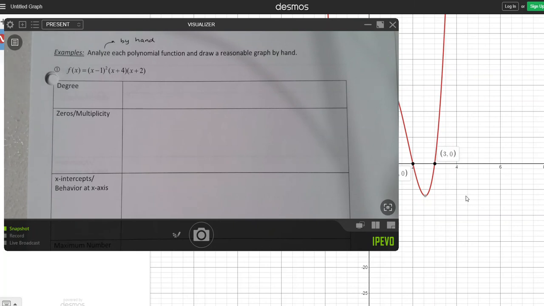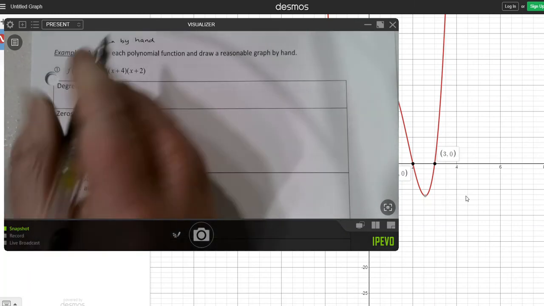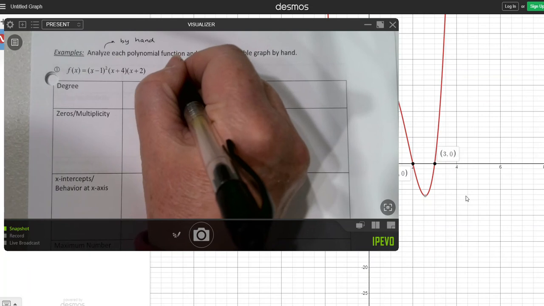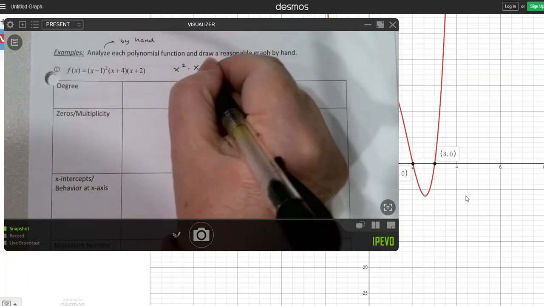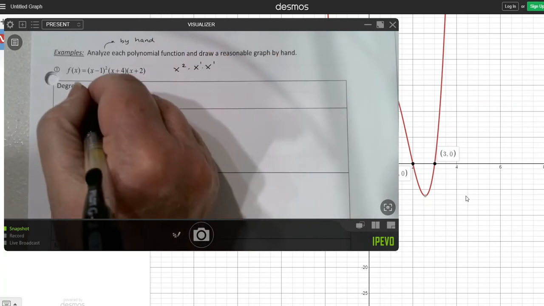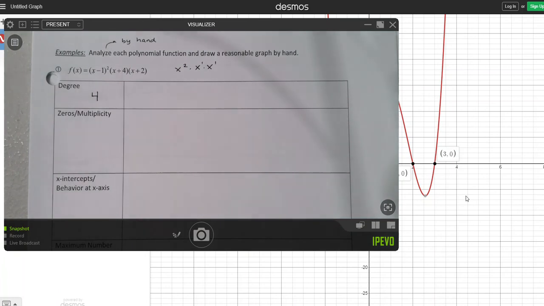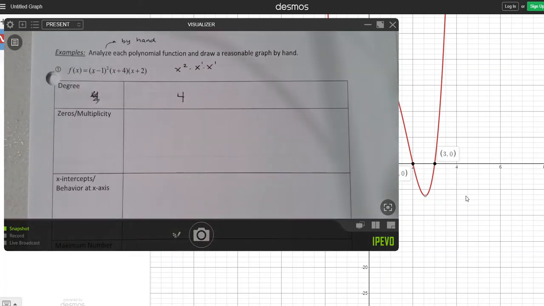All right, let's start with the degree. This would be an x squared. This factor is an x to the first. This factor is an x to the first. So 2, 3, 4. This is a degree 4 polynomial. Actually, I think I meant to put that over here. The zeros with their multiplicity.